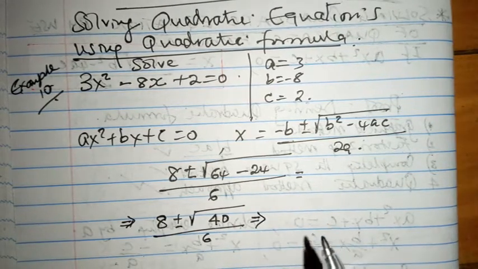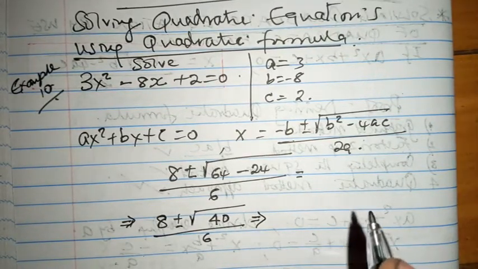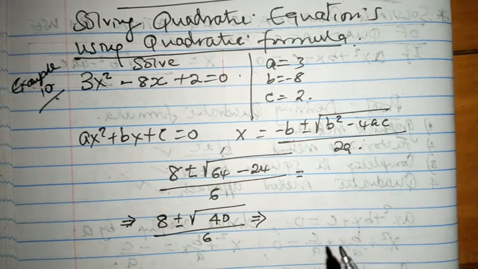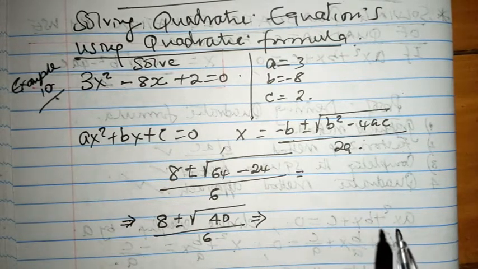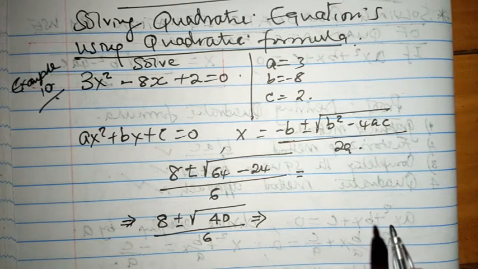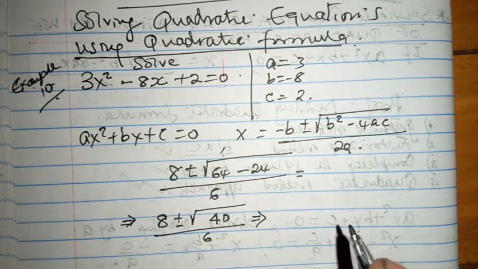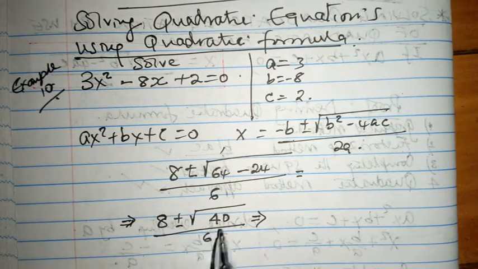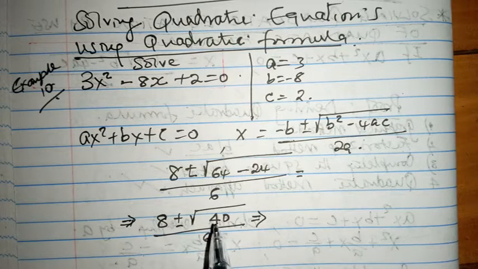At that particular point, we can give our answer in terms of decimals. If we don't like that, probably we can talk of 4 times 10, which is 2 root 10.